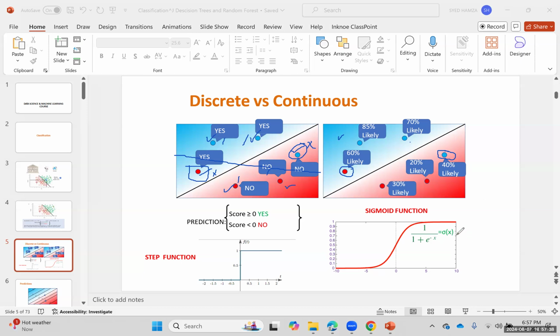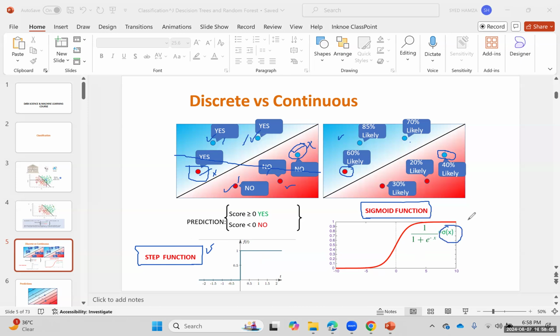In the backend, you don't need to do these things in your notebooks, but I try to understand and explain the algorithm in the beginning. The function that works on discrete data is called the step function, between 1 and 0, and the function that works with continuous data is the sigmoid function, which is calculated like this.